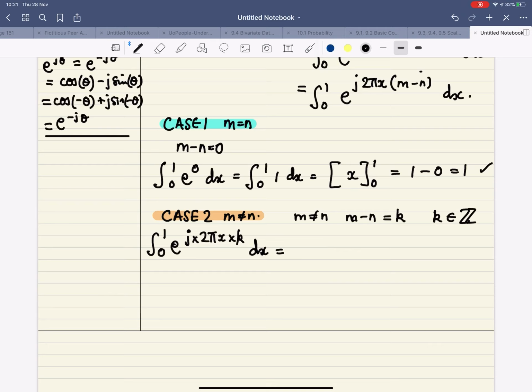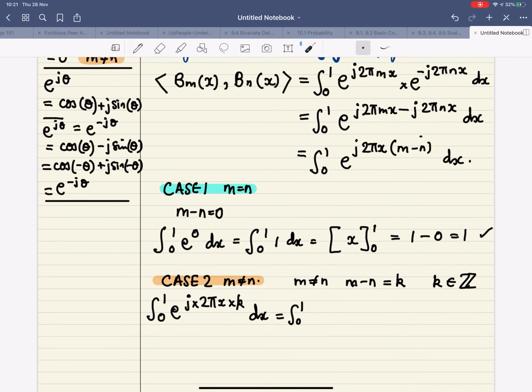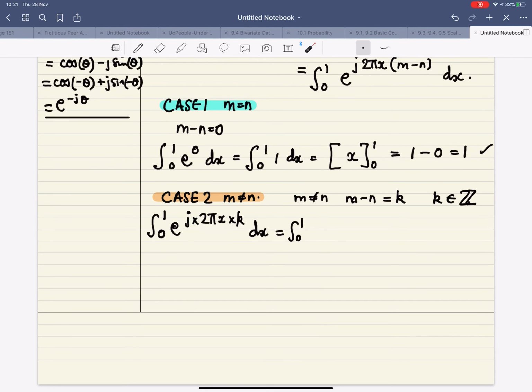So this is going to be the integral from 0 to 1 of cos of 2k pi x plus j sine 2k pi x dx. Okay, so k is an integer.